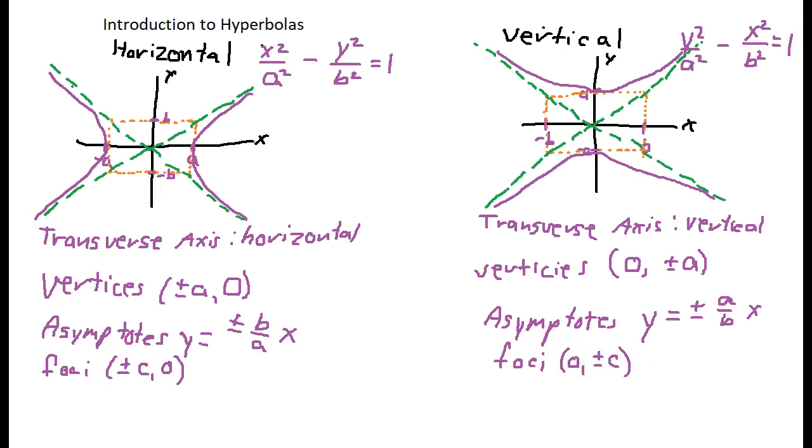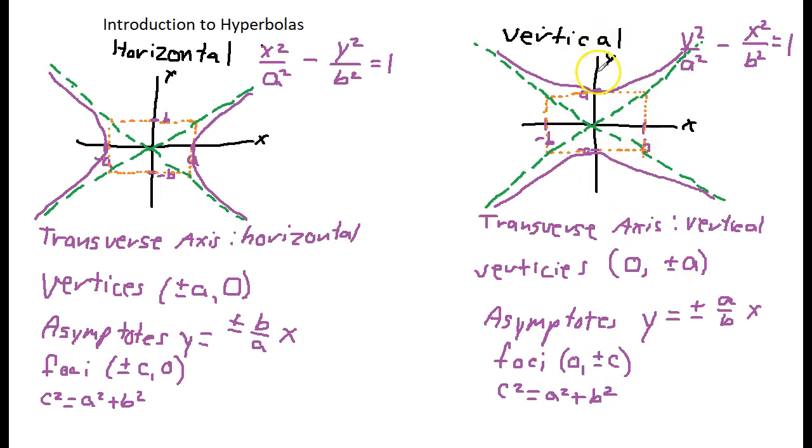Now, we're going to actually use the Pythagorean Theorem. So, c squared equals a squared plus b squared. Same thing here: c squared equals a squared plus b squared.